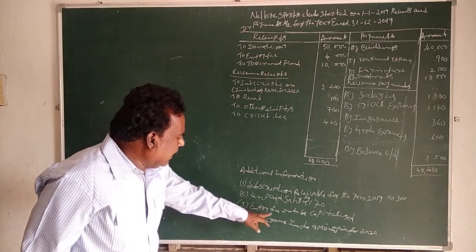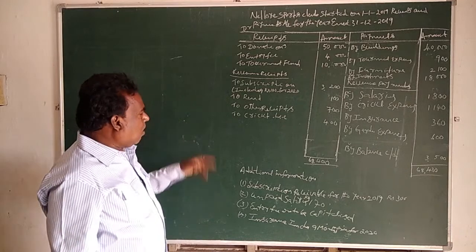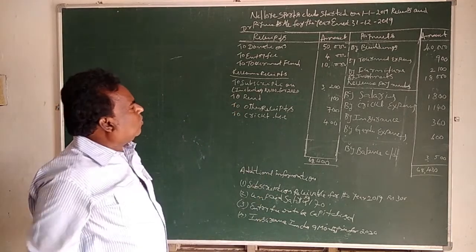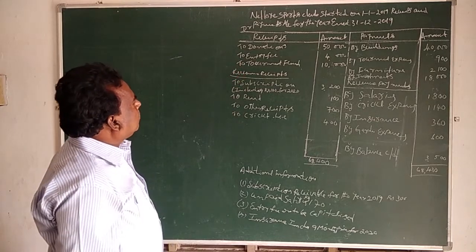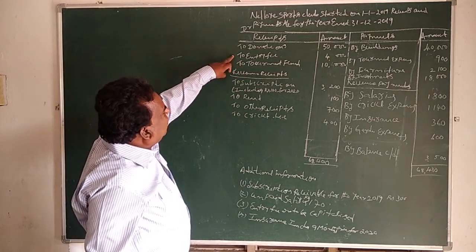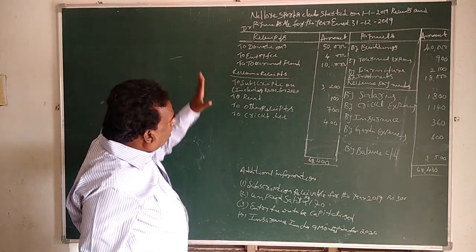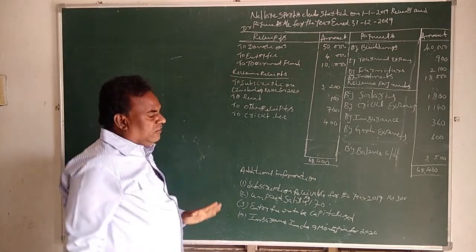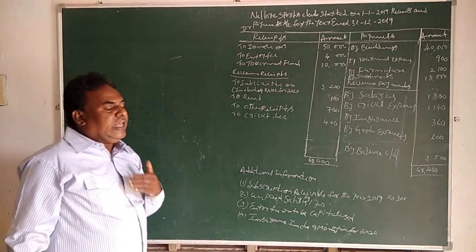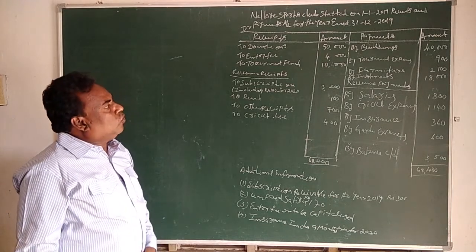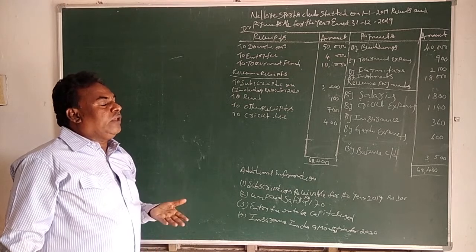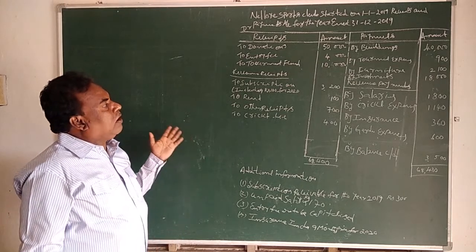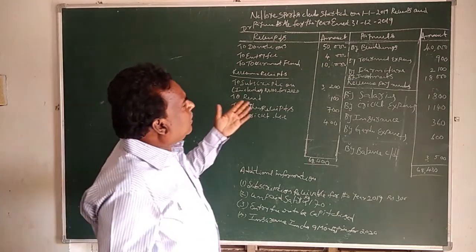Entry fee ought to be capitalized. Tournament fund is also a capital receipt. Donations, entry fee and tournament fund are capital receipts, not recorded in the income and expenditure account. They are shown in the balance sheet of the non-profit organization.